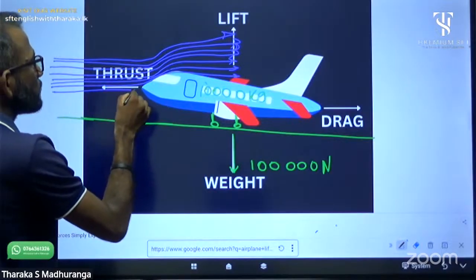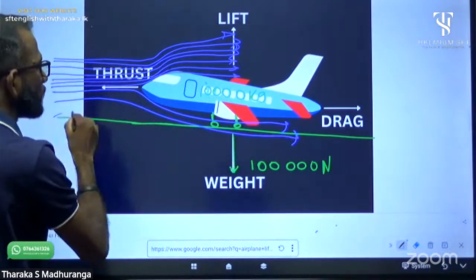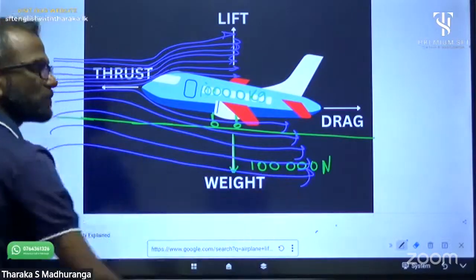The air particles coming from this side have no change. There is no big issue on this side. The air particles flow with normal speed, right?